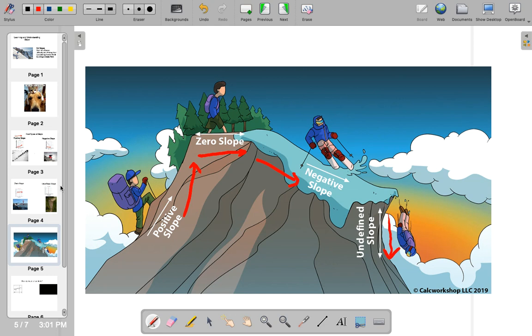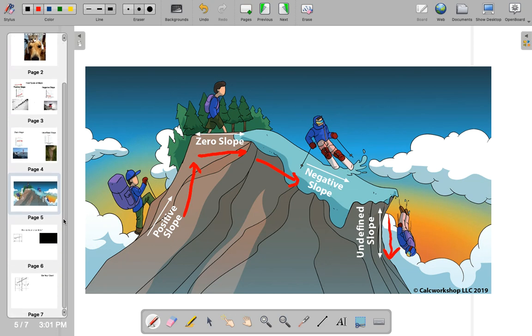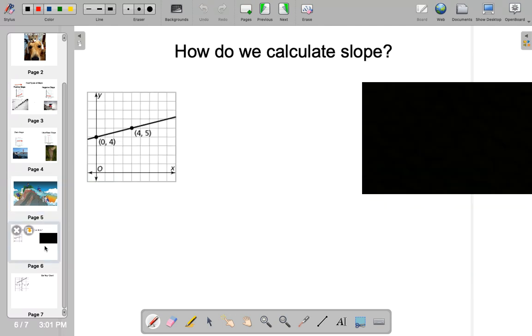Now, not only do we have to figure out what type of slope we're working with, we also need to calculate it as a number. And that's what we're going to do a lot in math class. So how do we calculate slope? In this case, slope is a number. Now, people almost always will write slope as the variable m.